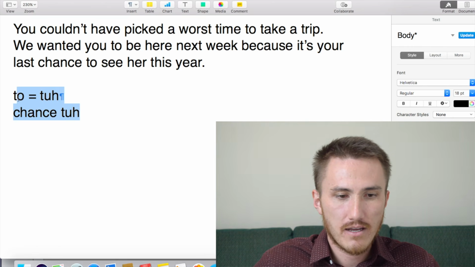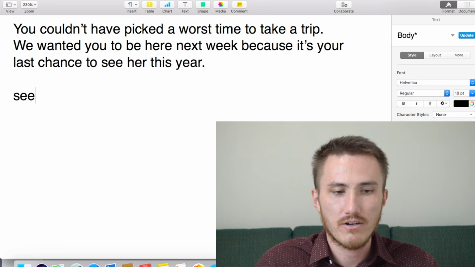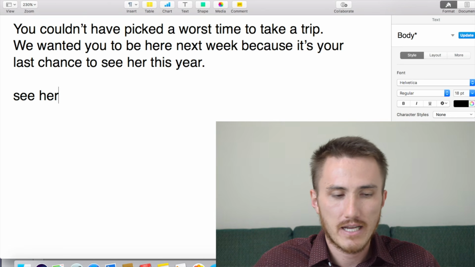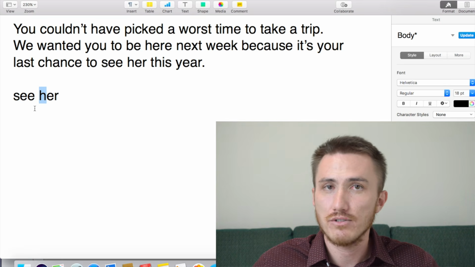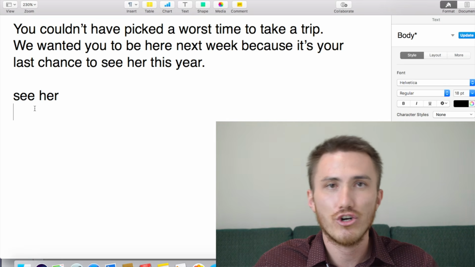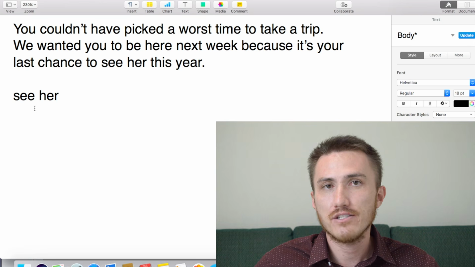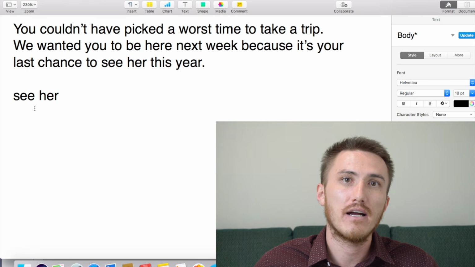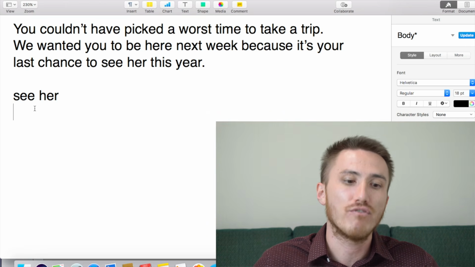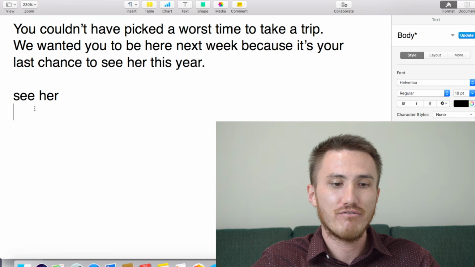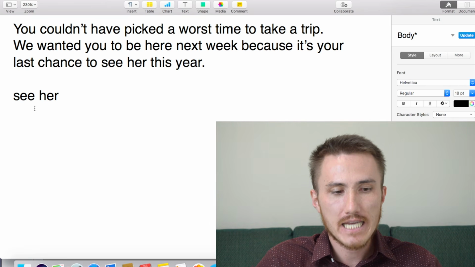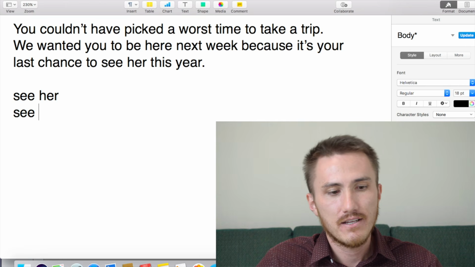Okay, and then we have this phrase right here, "see her," okay? This H on pronouns like him, his, her, hers, etc. becomes reduced and we usually skip over this H, depending on the sound before it. So in this case, "see," right?